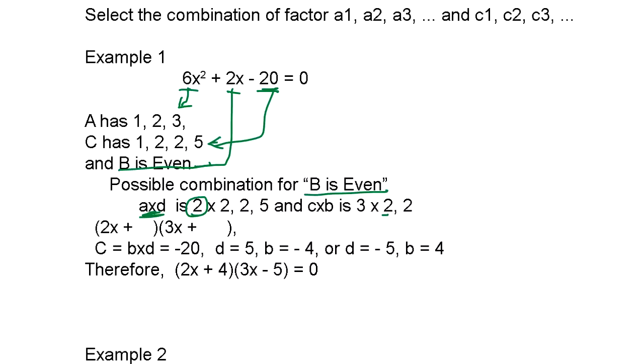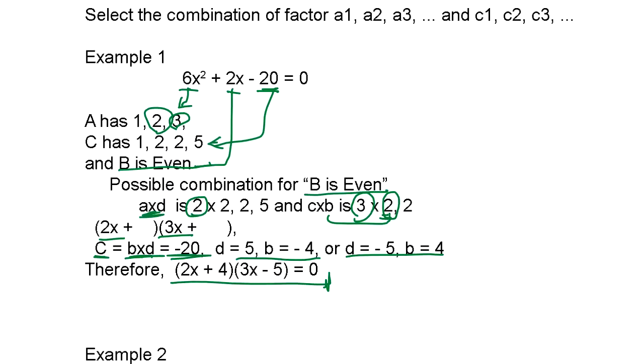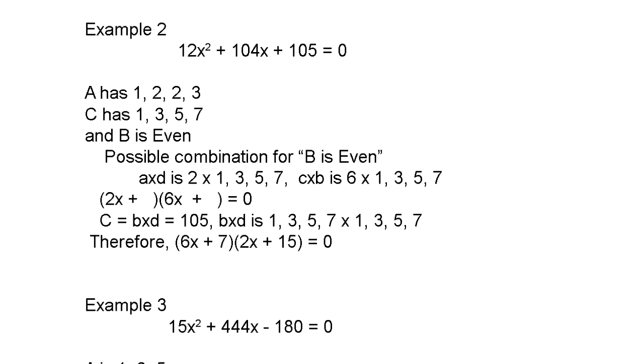If a contains the even, then c's remaining is 3. But B should be even here, otherwise it's not going to be even. So 2x and 3x is determined. Now capital C is b times d, equal to 20. So we have only a few selections. We try them out, we can get this. That's relatively easy to do.